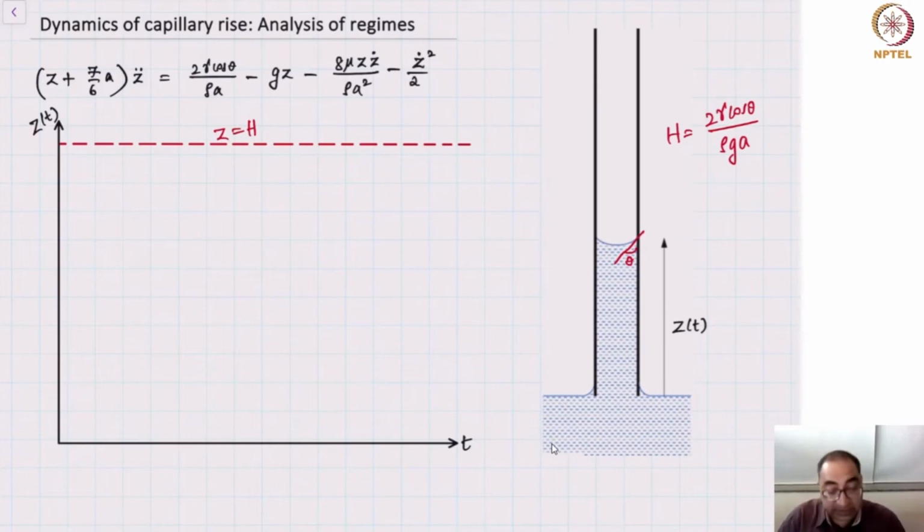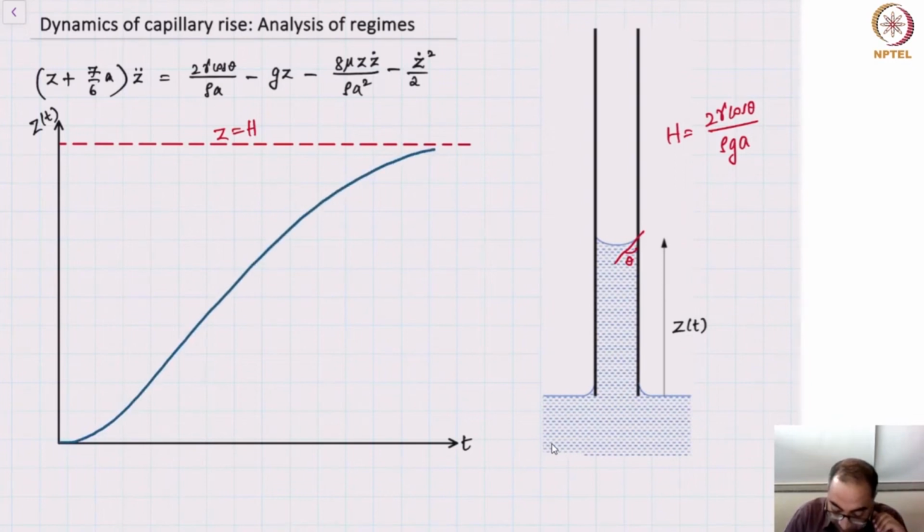Now we have already anticipated that the curve we should expect may look something like this. Initially there will be a nonlinear regime, and then there will be a linear regime, and there will be some kind of a decay. Let us see if we can actually get these regimes from this equation.